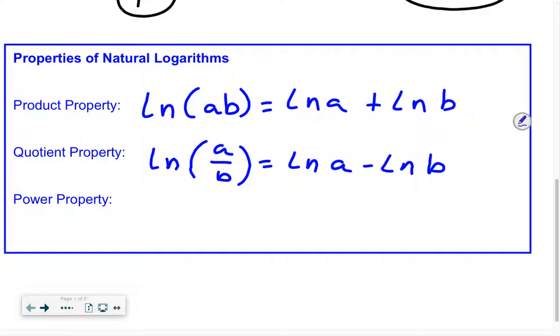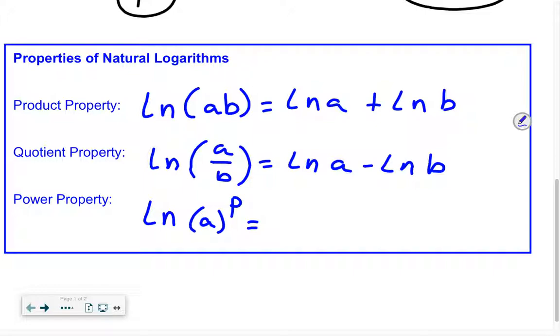We're dividing, now we're going to subtract those two. And what was our power rule? What could we do with that exponent?